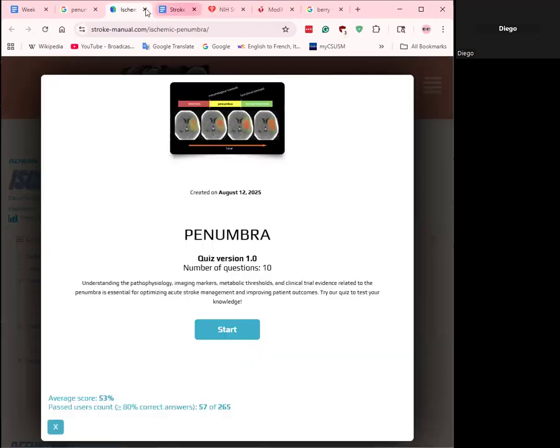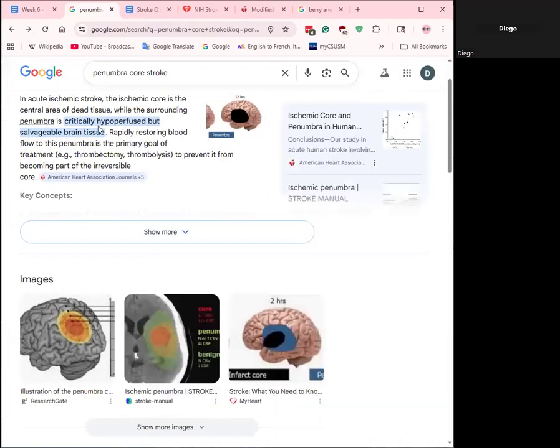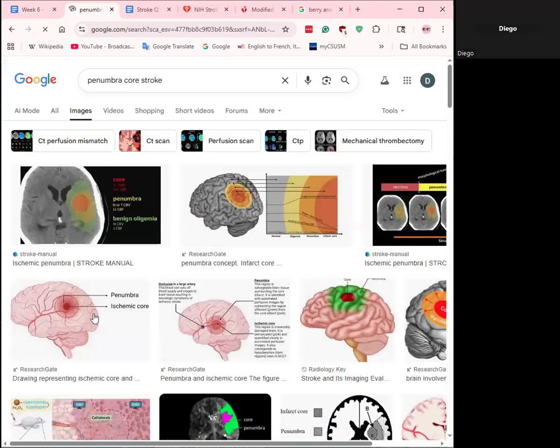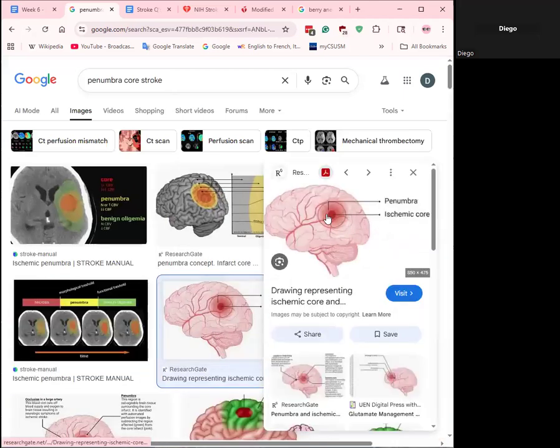Basically, the core is where that actual occlusion took place. The penumbra is the surrounding ischemic tissue. So they want circulation at this area, so the blood pressure is allowed to be higher.